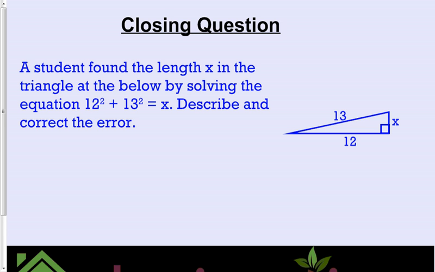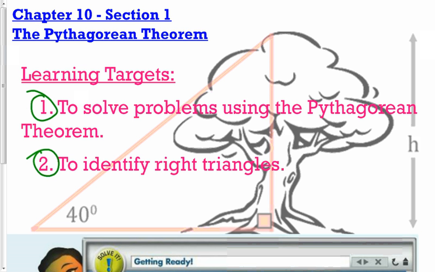That's the last thing I want you to think about going in, finishing up this video, because we've covered our two learning targets, which were to solve problems using the Pythagorean theorem and to identify right triangles. All right, and that is section 1 of chapter 10. I hope you got something out of this section about the Pythagorean theorem, one of the most popular and commonly used mathematical theorems in the real world.